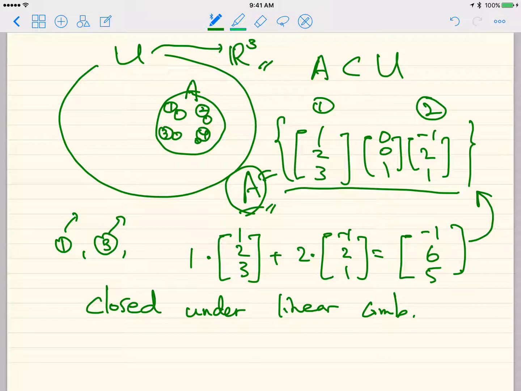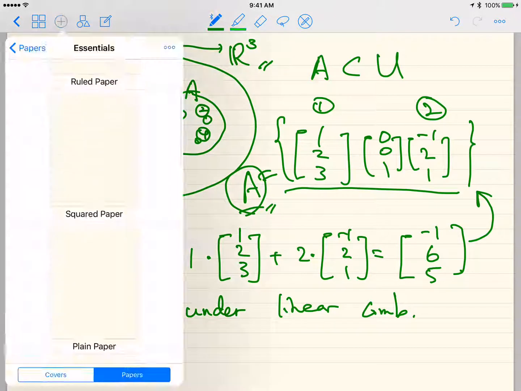Okay, so you guys know the meaning of closed or open. So let me ask maybe some basic question. So let's think about Z as all integers.